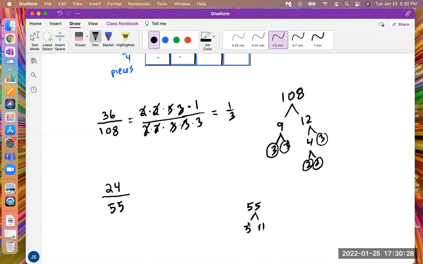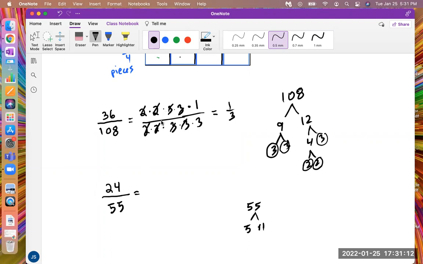If I'm trying to reduce a fraction, or just identify whether it could be reduced or not, I can take either the top number or the bottom number and look at that number only. So I factor 55 only. The key here is that the only way this fraction can be reduced is if 5 goes into 24 equally, or 11 goes into 24 equally, because, like we saw before, the only numbers that can cancel are prime factors common to both top and bottom.